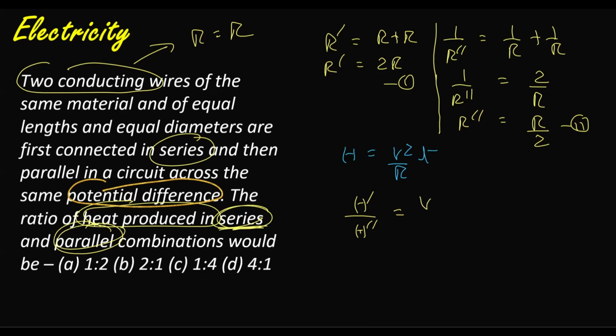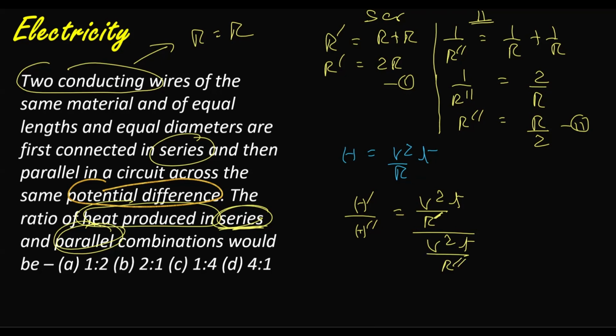So it's going to be, V being the same, V square T over R dash for series, divided by V square T over R double dash for parallel.